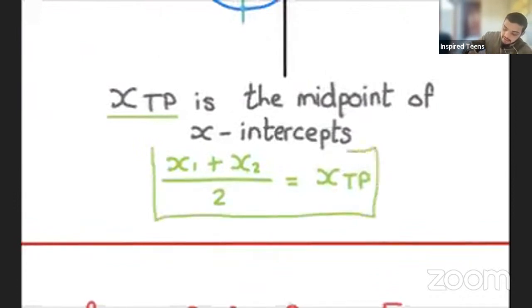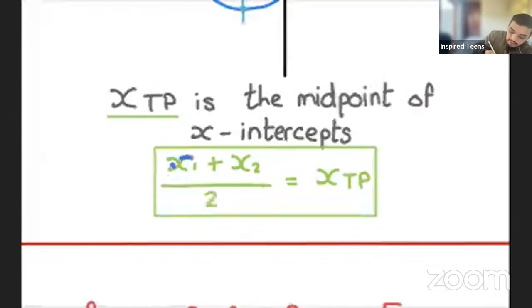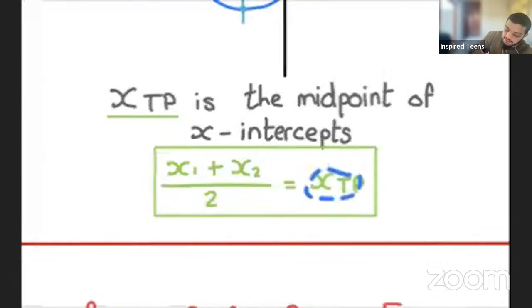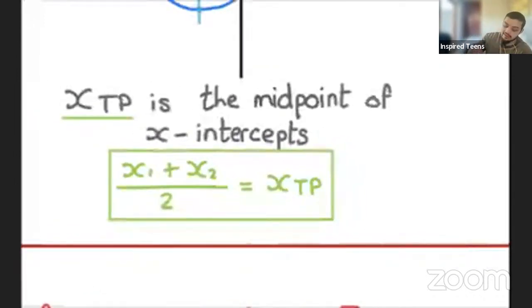In this case, if you are given this equation, there's no need to use negative b over 2a. Firstly, it's not in the form ax squared plus bx plus c. It's in this form. So you can simply calculate the midpoint of your x-intercepts, and that will give you the x turning point. So this is another way to calculate the x turning point. Just keep that in mind: XTP is the midpoint of the x-intercepts.